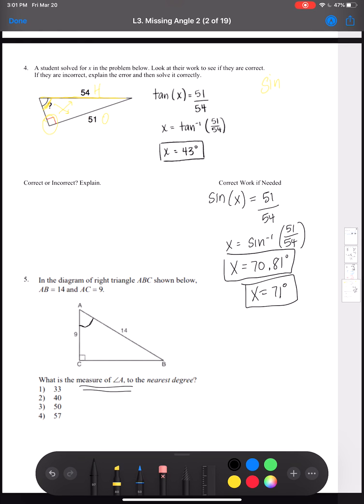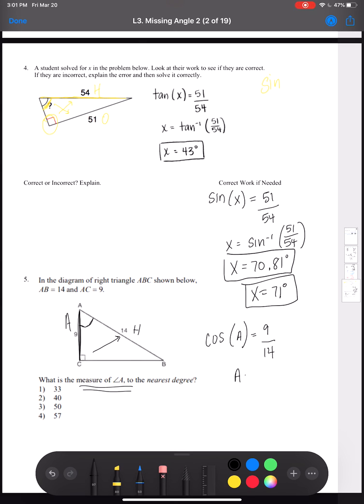And now we know that our right angle is here, so this is our hypotenuse. And we have this side, so that's our adjacent side. That therefore means we're going to use cosine. So the cosine of angle A is equal to the adjacent side 9 divided by 14.